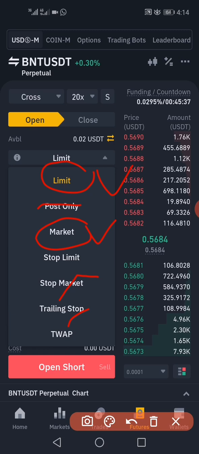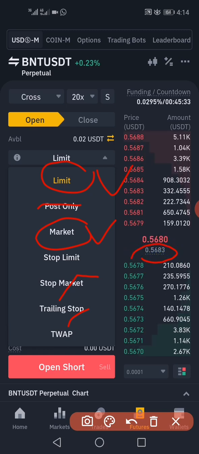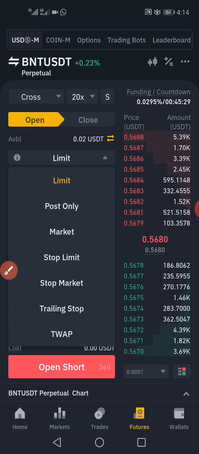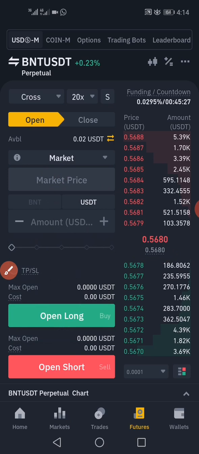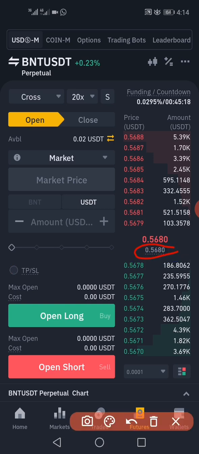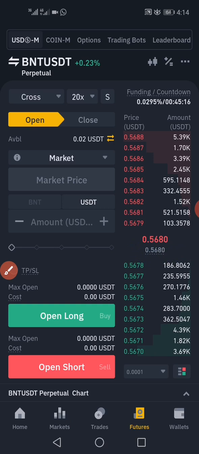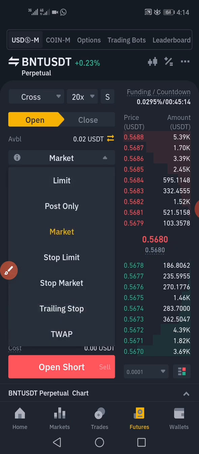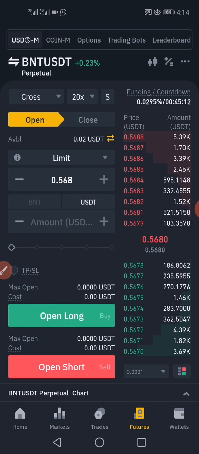So if you look at, for example, here that is white is the current market price. If I click on market and I click on buy, it's going to buy at this white price here, because it's the current market price. But if I want to buy for limit, I will have to set it to limit, and I will choose the price that is convenient for me.